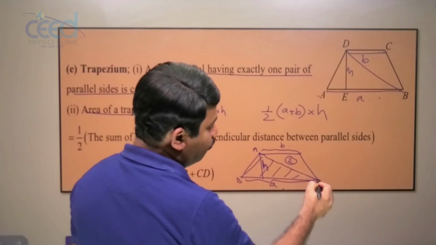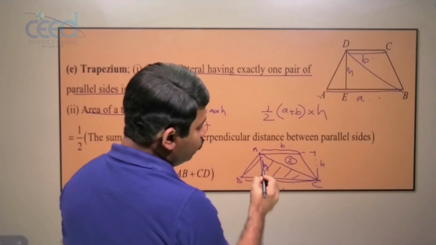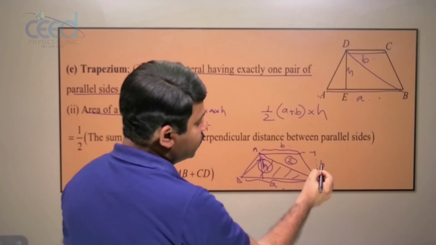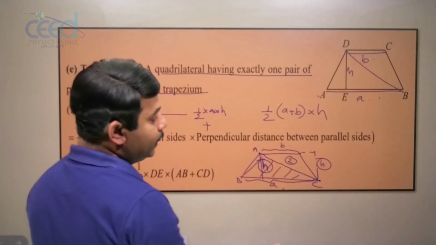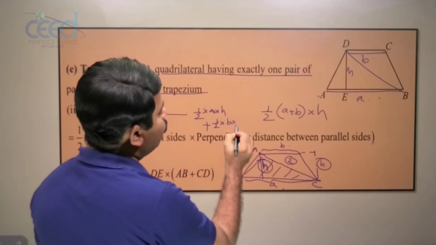The height is the perpendicular from the opposite corner, so this is the height. This height is equal to this height. Understood? Then half into B into H.